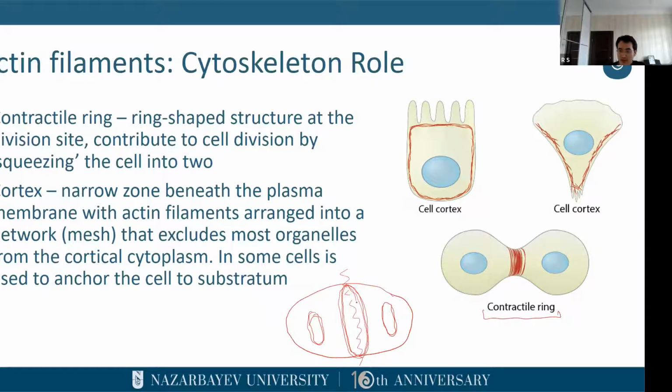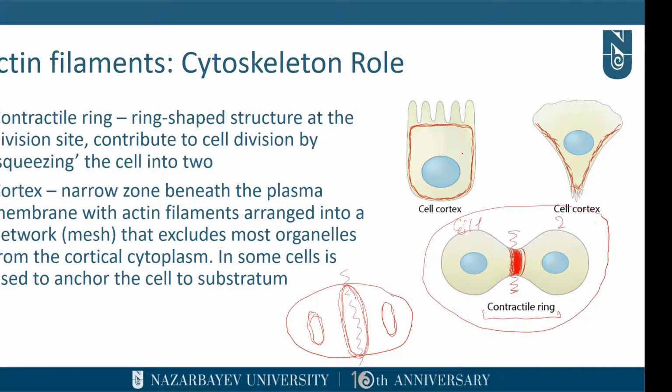And then this ring starts contracting. It contracts until these two parts, I mean cell 1 and 2, are split because of very thin cytoplasm here. And this is the function of the contractile ring. Is this part clear?